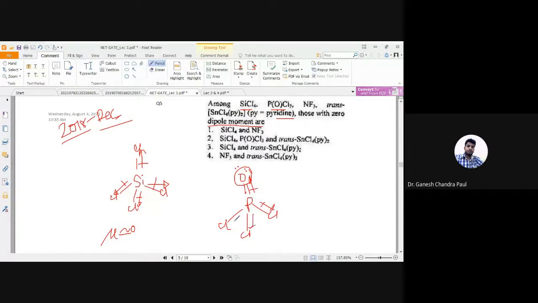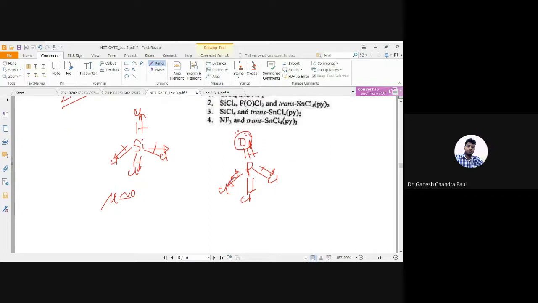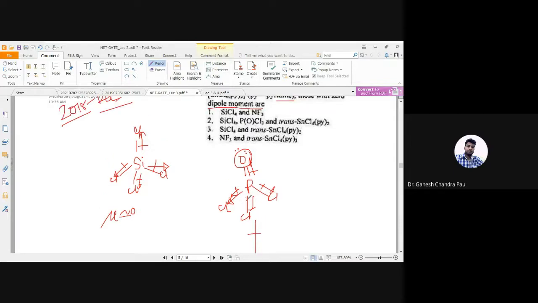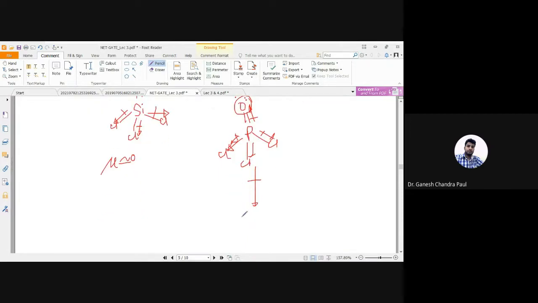But there is a presence of a certain amount of dipole moment, right? Yes or no? Because 3 bond moments are there and their resultant dipole moment is present over here. But as you can see, the resultant dipole moment is quite larger compared to this phosphorus-oxygen bond moment. Therefore, the dipole moment value is greater than 0.